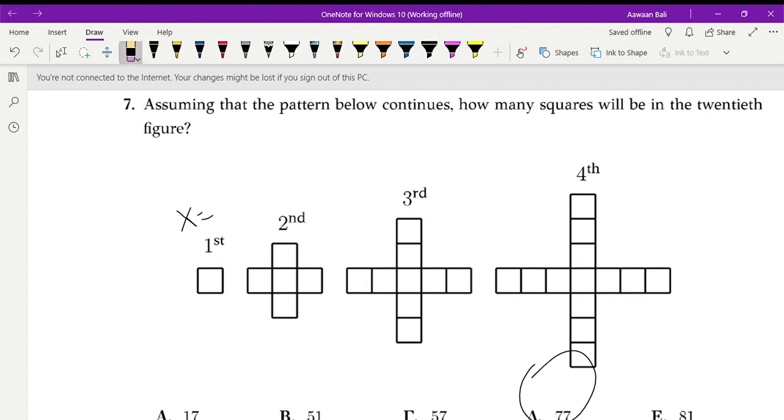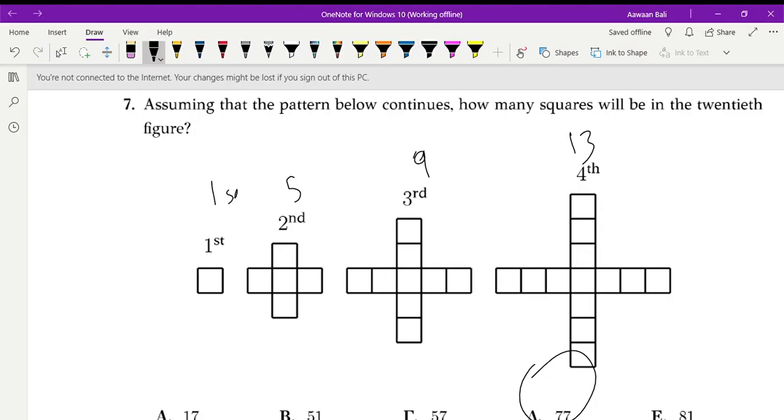The order. So let's say if it's first x is 1, second x is 2, third x is 3, and so on, etc. So basically with this, but first we have to find the pattern. So 1, 5, 9, and then it's 13. That's a number of squares in each pattern.